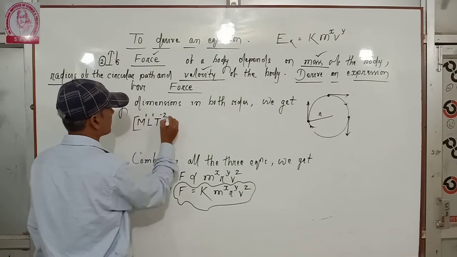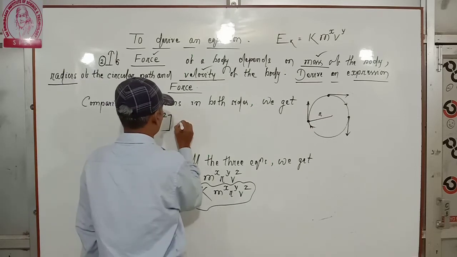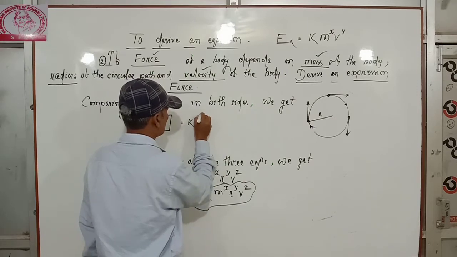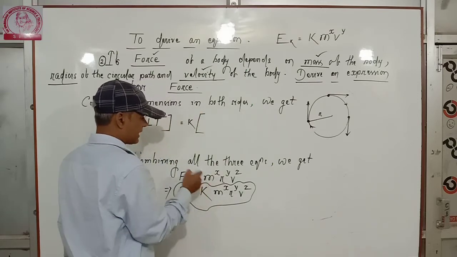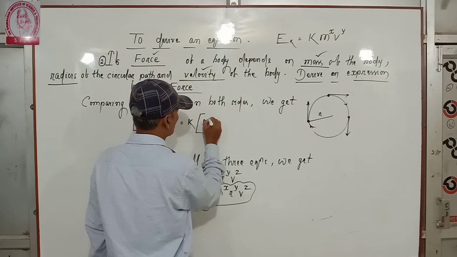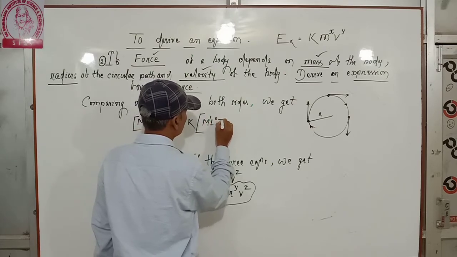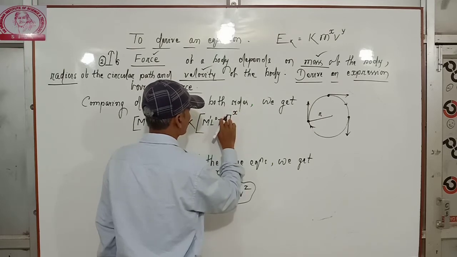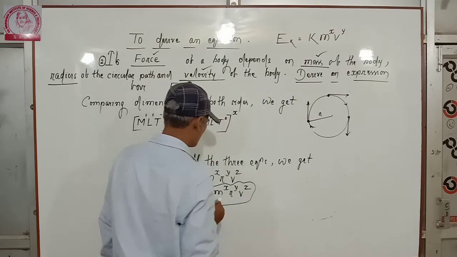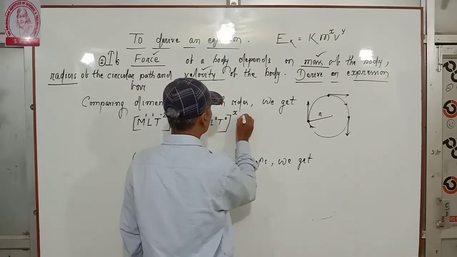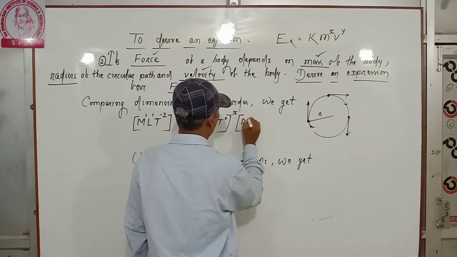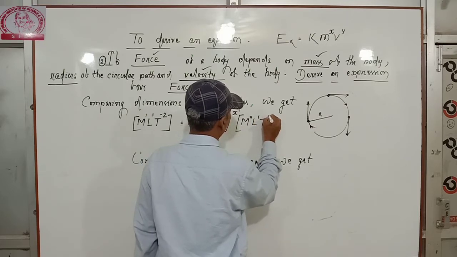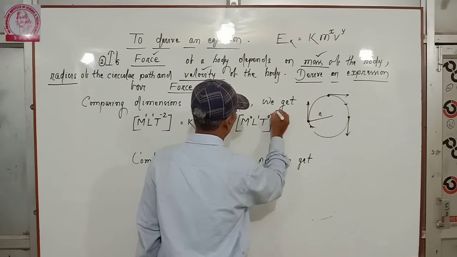Okay, is equal to k into, it is m to the power x, means M to the power 1, L to the power 0, T to the power 0, whole to the power x, into r to the power y, means M to the power 0, L to the power 1, T to the power 0, whole to the power y.